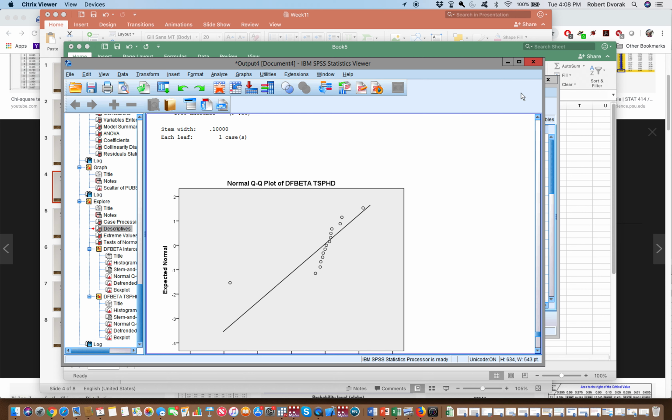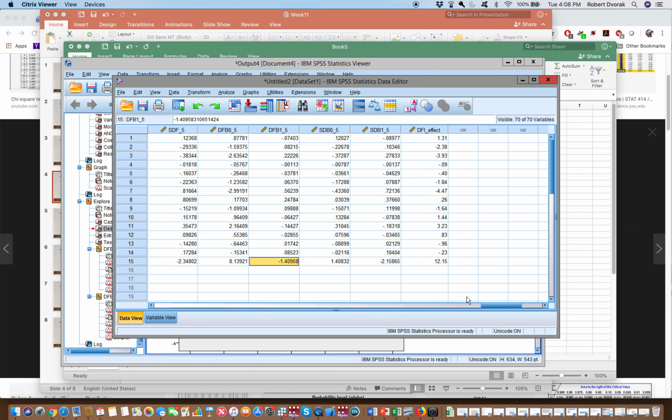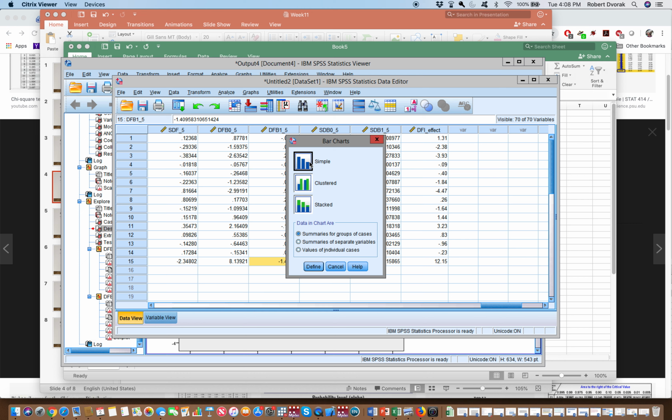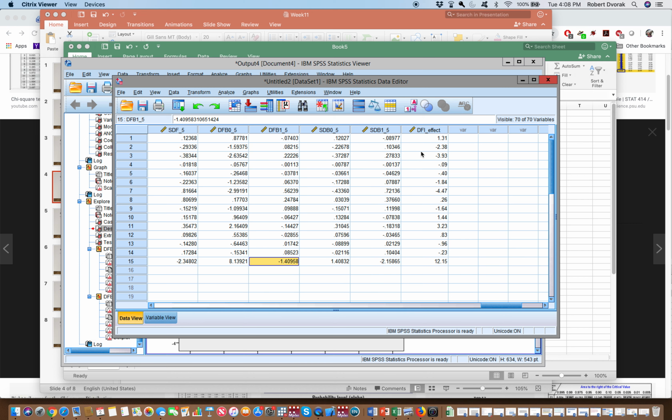All right, and let's hop over here. Let's look at our data. We can actually do something after we've done that. We can go Graphs, Legacy Dialogs, and we can just do a bar chart. Actually, let's not do a bar chart.